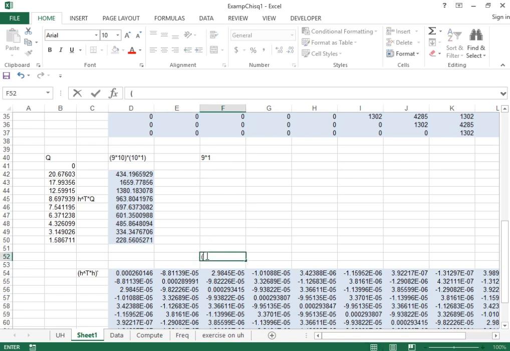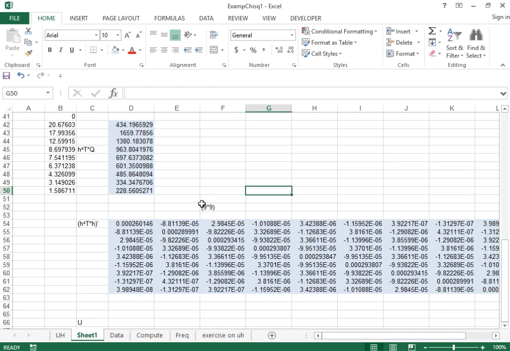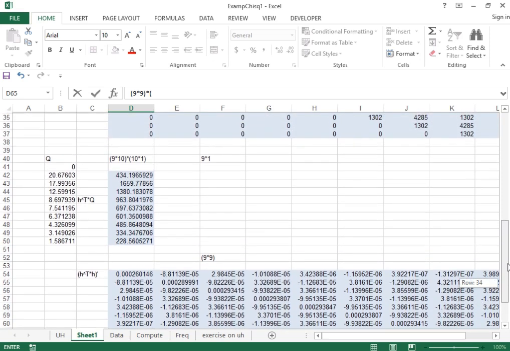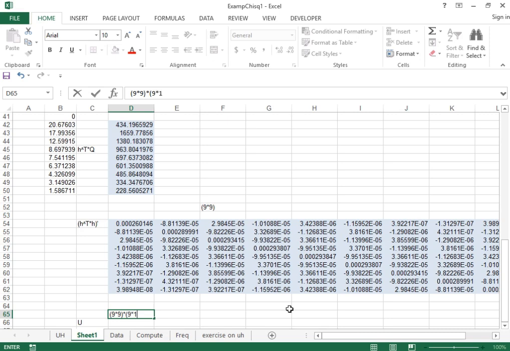The H transpose times H inverse is a 9 by 9 matrix, and the other is H transpose times Q, which is 9 by 10 times 10 by 1, a 9 by 1 matrix. So finally we get a 9 by 1 matrix here.